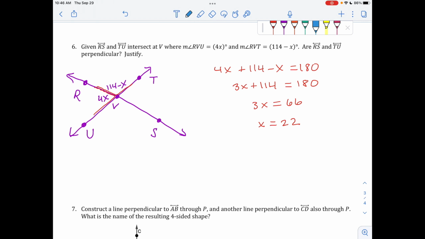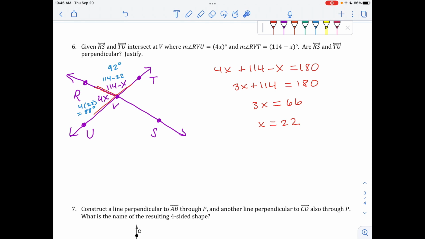So if I substitute in 22 degrees here, 114 minus 22 gives me 92 degrees. And 4 times 22 gives me 88 degrees. So now I can answer this question, are they perpendicular? Well, I did not get 90-degree angles here, so they are not perpendicular.